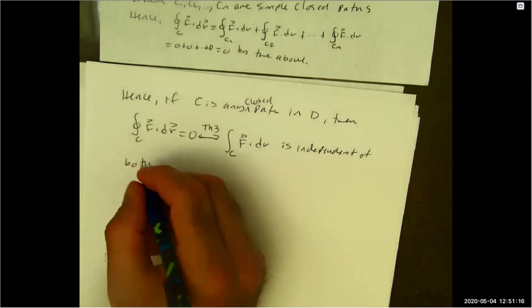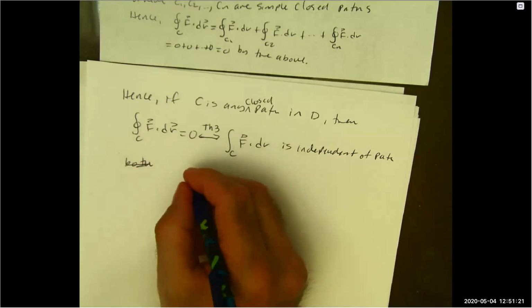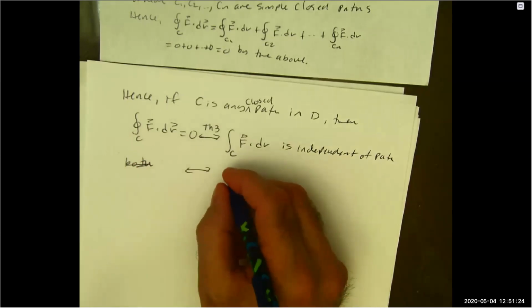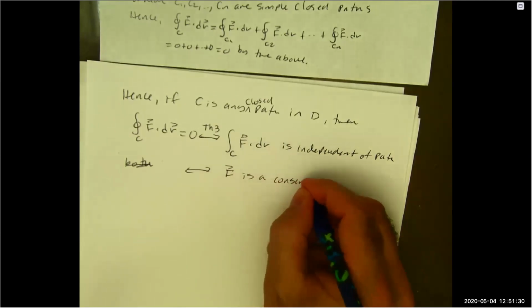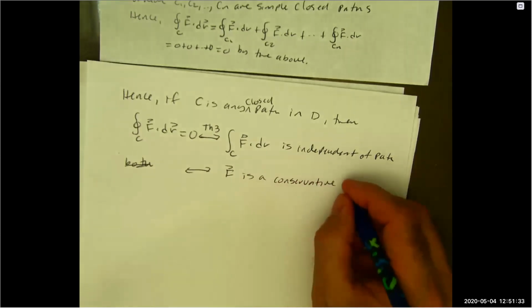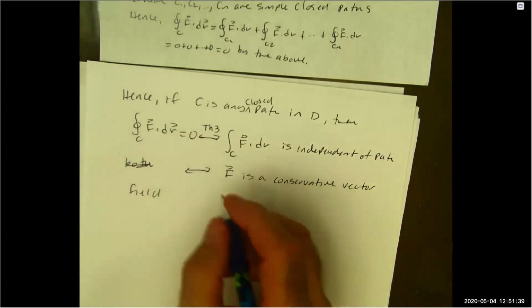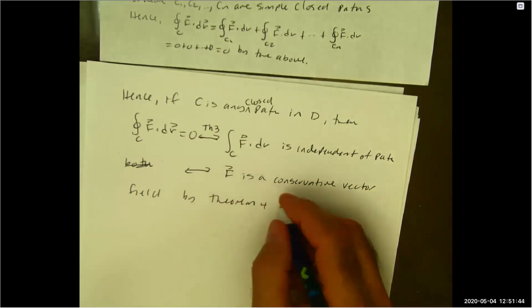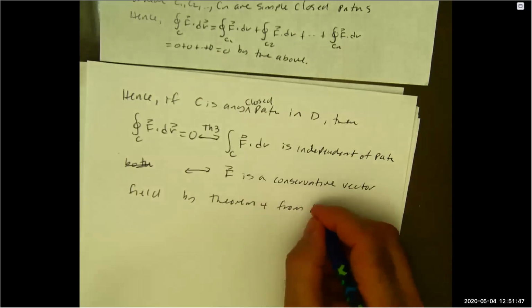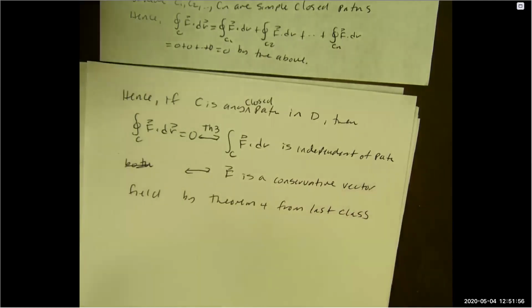Independence of path is equivalent to F being a conservative vector field by theorem 4, from the last class or lecture. And that's it.